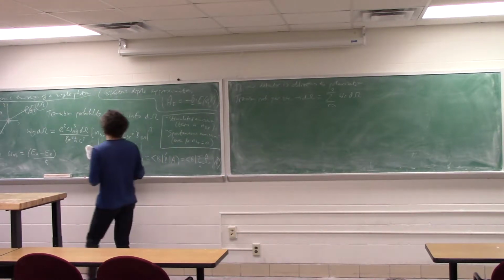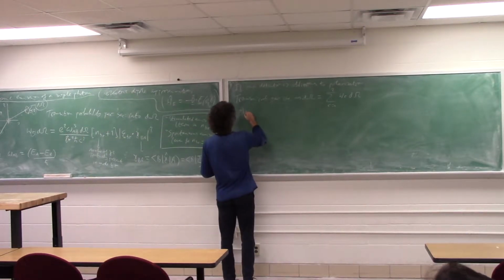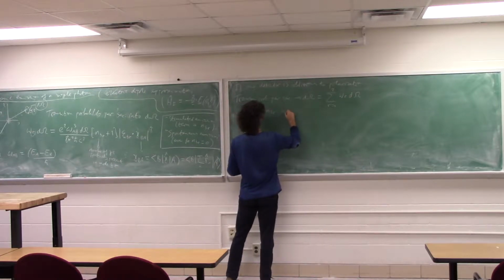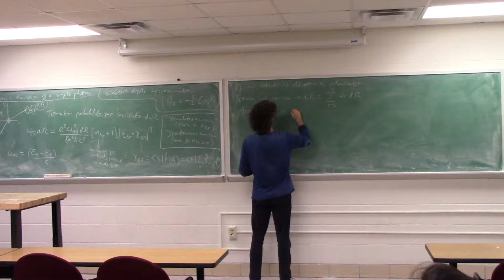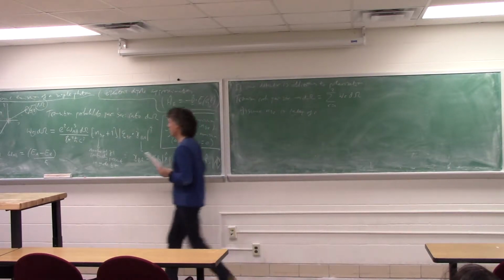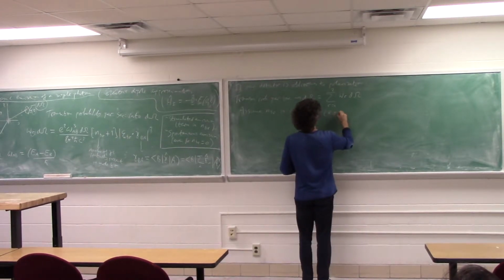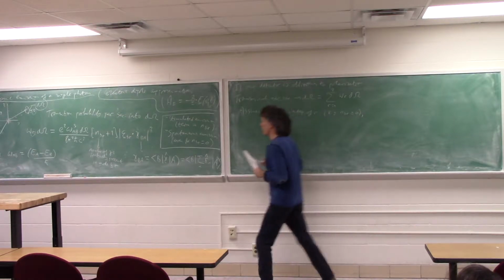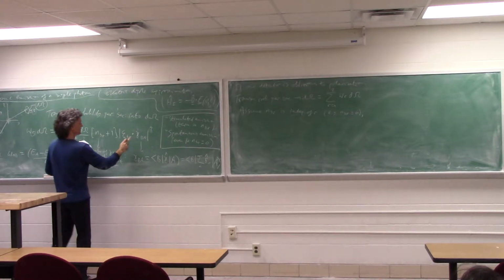Actually the book does something. If we assume that n_kR is independent of R, and in fact we're going to look at the case where n_kR is just 0, then if you do this sum over R, the only term that depends on R is this.